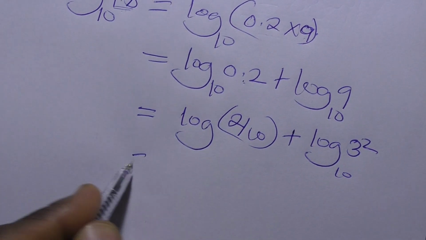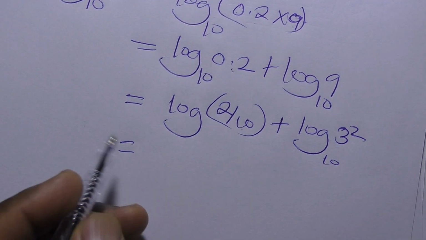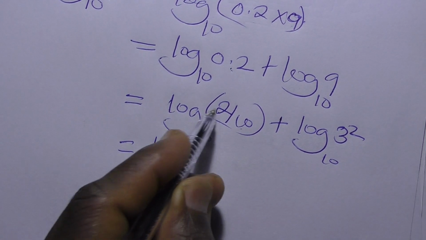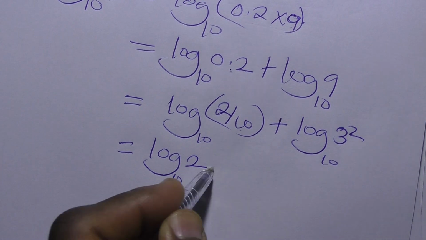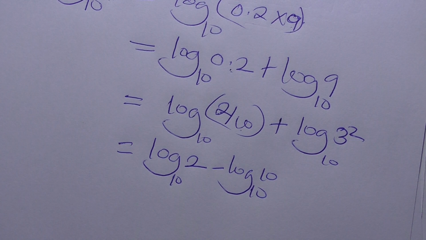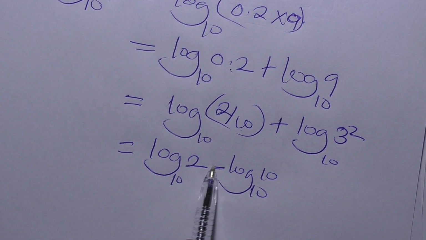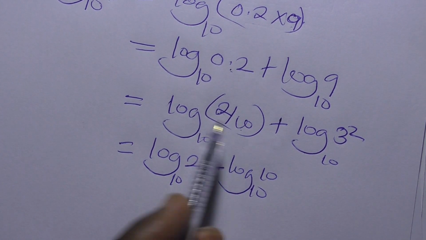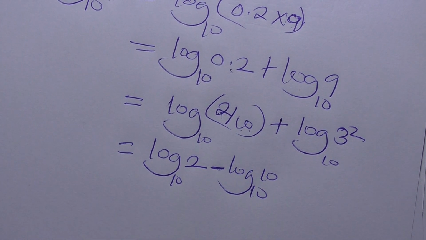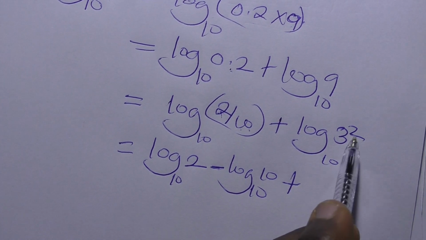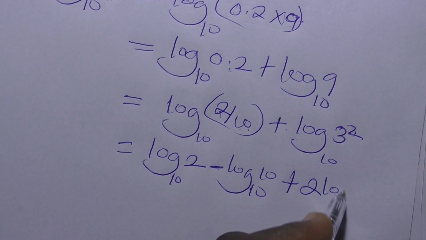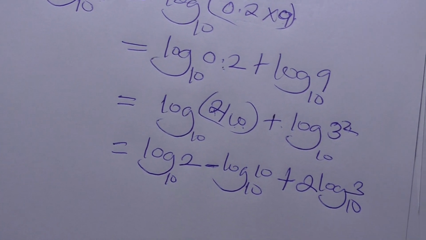So simply, when I'm dividing, it means I subtract the log of the denominator from the log of the numerator. This is what division means: log of the numerator minus log of the denominator. Plus, now the power 2 will come down so that it becomes 2 log 10(3).